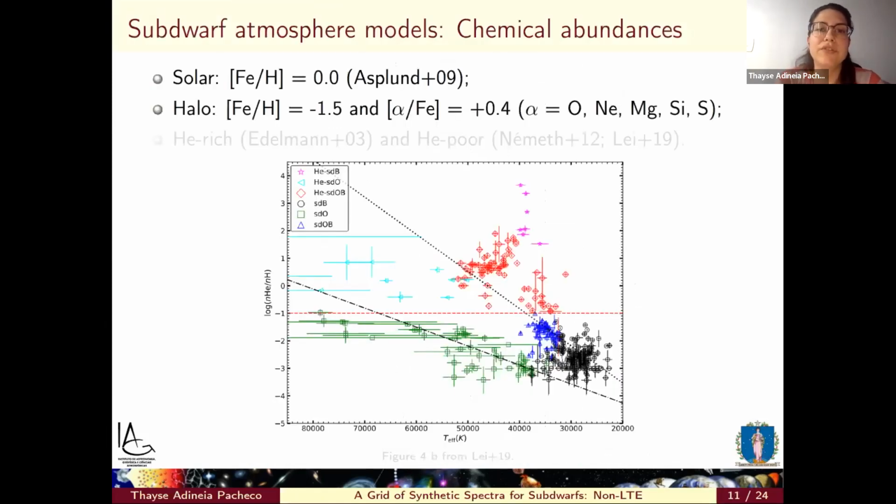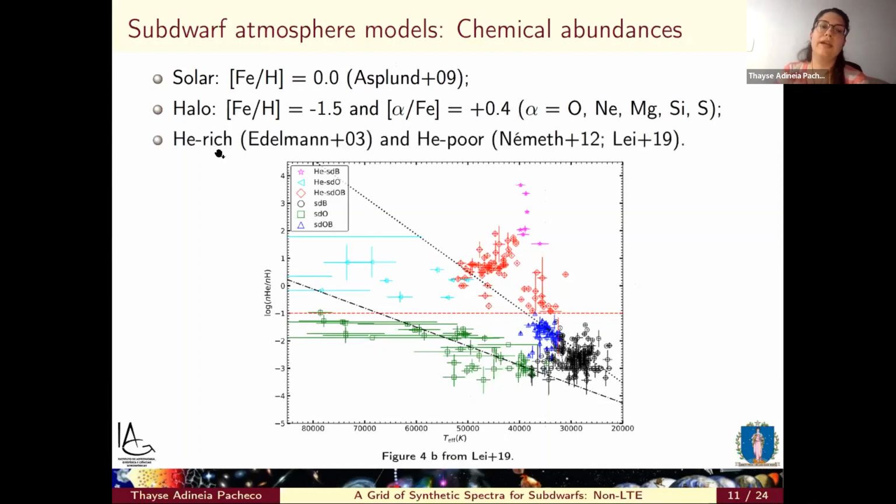About the chemical abundances, we have 2 metallicities, solar and galactic halo with alpha enhancement, and each one with 2 helium abundances. Here I'm showing a figure from Lei and collaborators 2019.